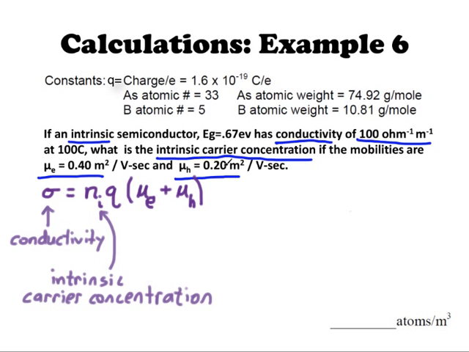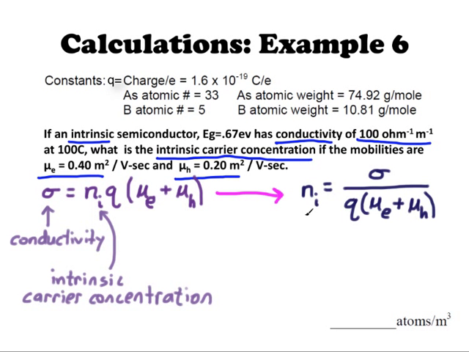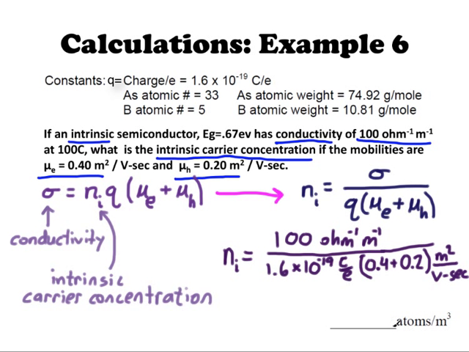Because we're interested in solving for the intrinsic carrier concentration, we're going to solve for that variable. So the intrinsic carrier concentration is going to be equal to the conductivity divided by the charge of an electron multiplied by the mobility of electrons plus the mobility of holes. Finally, we're going to plug in all of the information provided by the question.